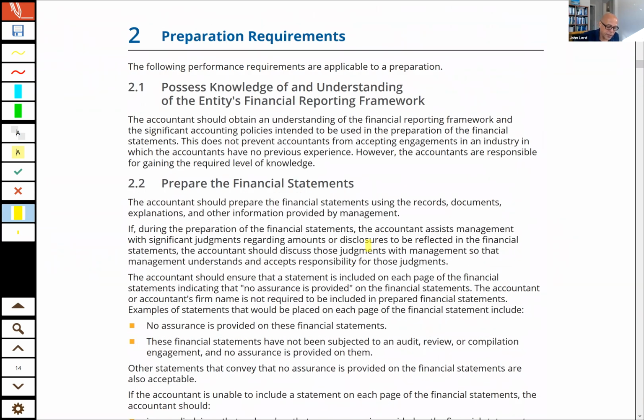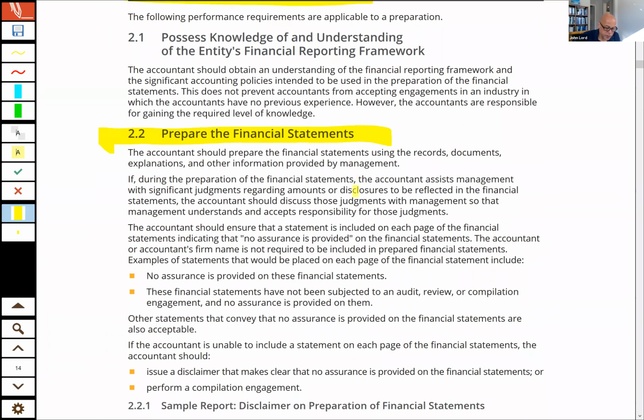Okay, good. Now let's go ahead and see what some of the requirements are in order for us to prepare the financial statements. And let's just take a look here. They tell us the accountant should ensure that a statement has been included on each page of the financial statements that no assurance is provided. So it's in the what? It's in the engagement letter, and it is an objective of the engagement.